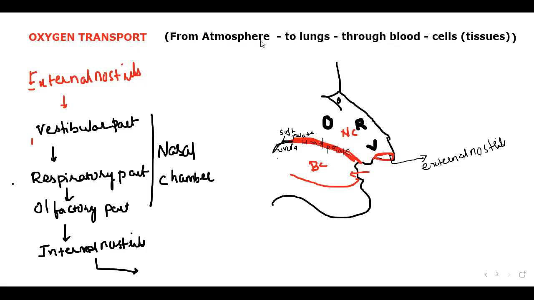How do we recognize the vestibular portion in our body? Immediately after the nostril opening, very near to the opening, you'll find some hair. That place is the vestibular portion. Then comes the respiratory portion, then the olfactory portion, and next we find the internal nostrils. I think I have shown everything here: buccal chamber and nasal chamber. We'll go on in the next diagram.